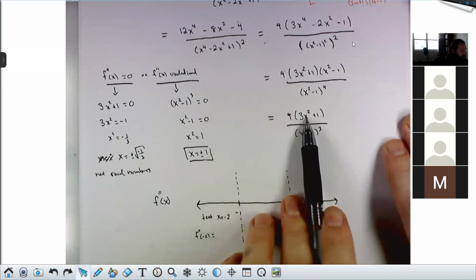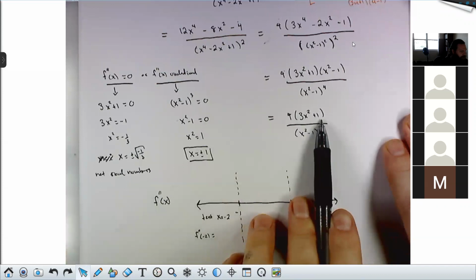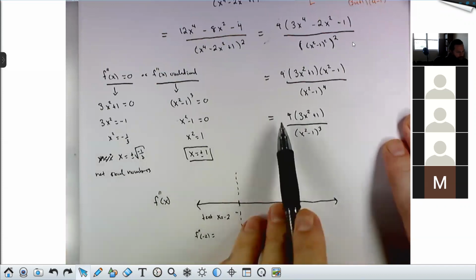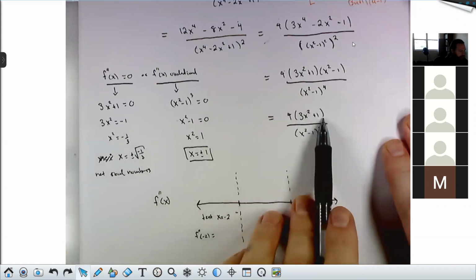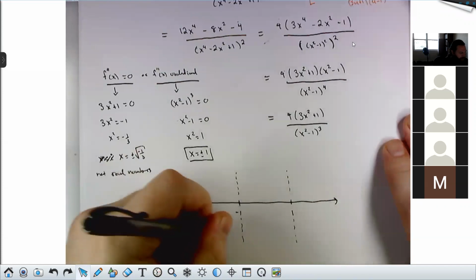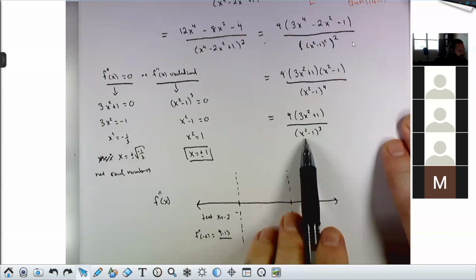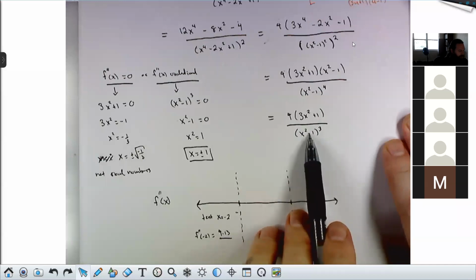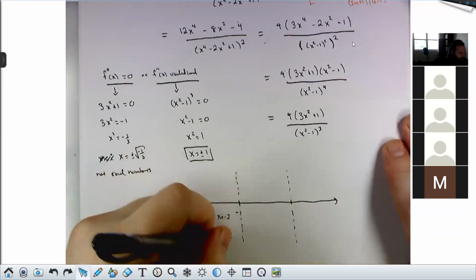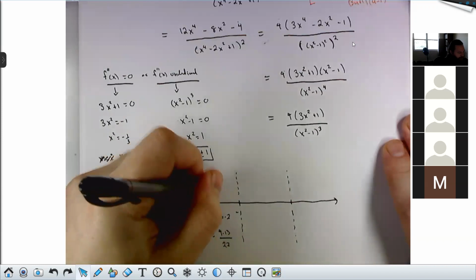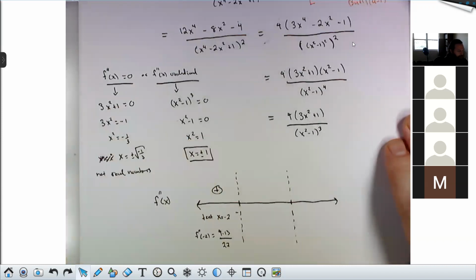Negative 2 squared is positive 4. 4 times 3 is 12. 12 plus 1 is 13. 13 times 4 is positive. So the top is definitely positive. I'll just write it as 4 times 13. And the bottom here is negative 2 squared is 4, minus 1 is 3. 3 cubed is 27. In particular, this is positive.